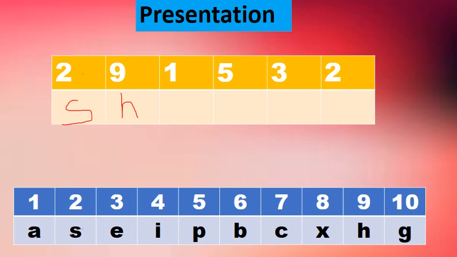And the number 1, what letter does it represent? It is letter A. And then number 5 is letter B. And then number 3, it is letter E. And the last number, number 2, is letter S. Now, what is the word that has been formed?